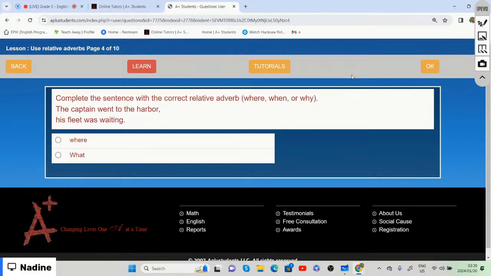The captain went to the harbor. His fleet was waiting. Do we say where his fleet was waiting or what his fleet was waiting?